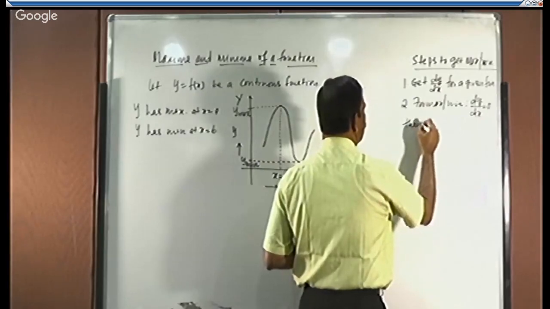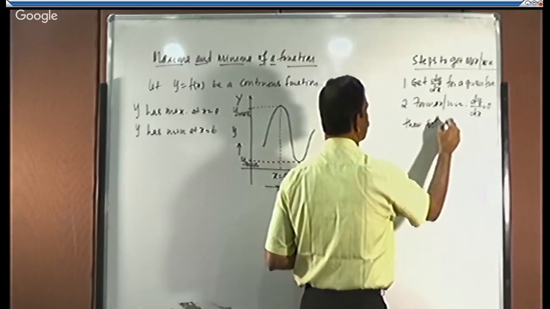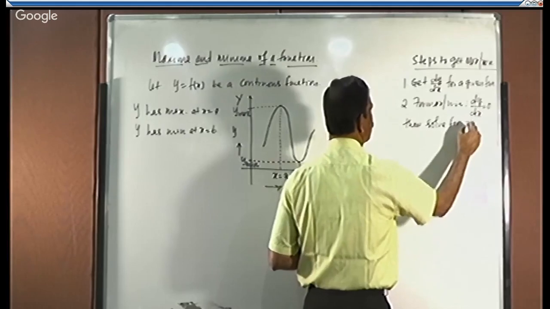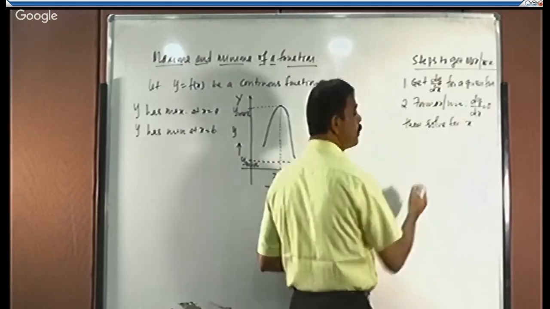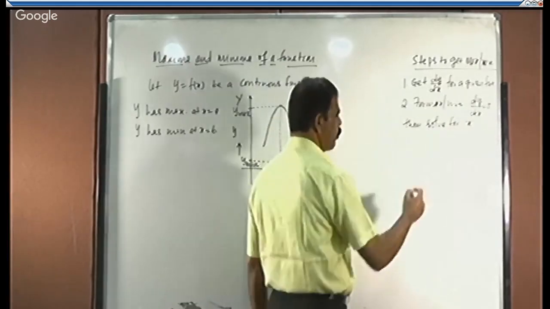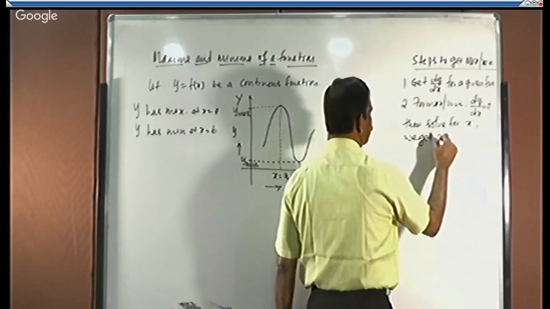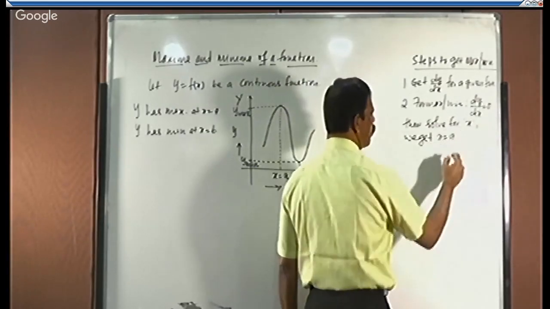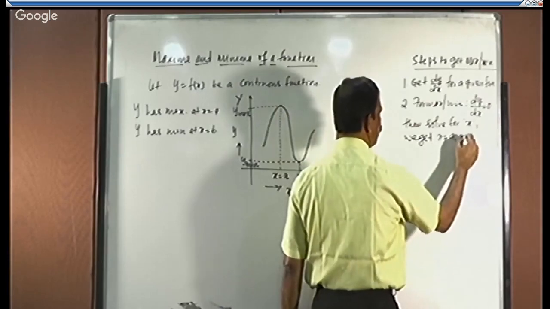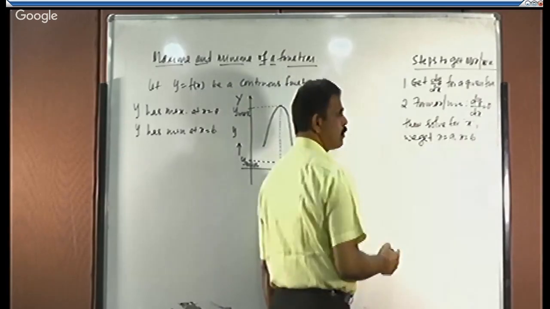Then solve for x. We get x is equal to a or x is equal to b, a comma b, etc.